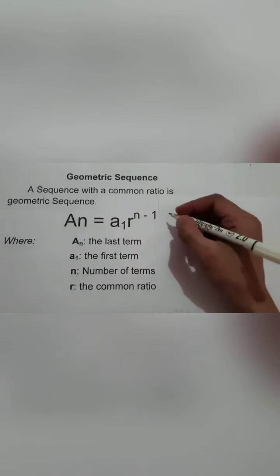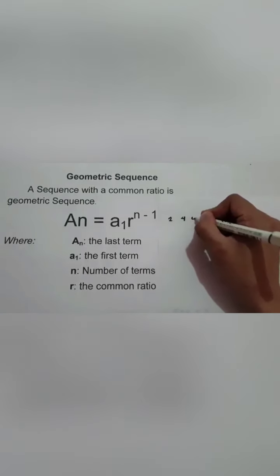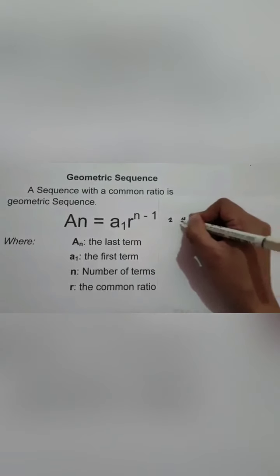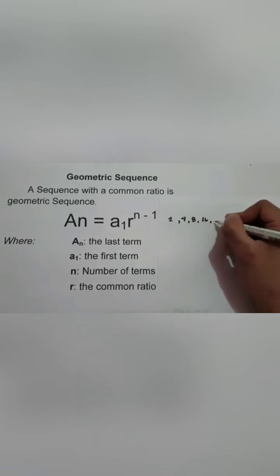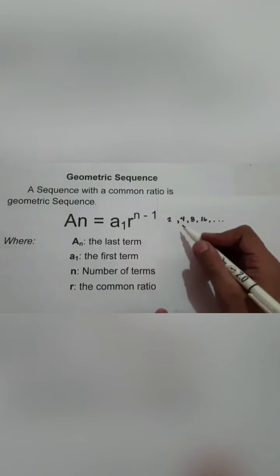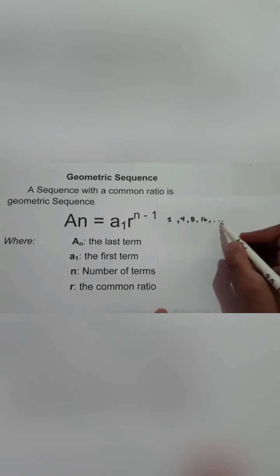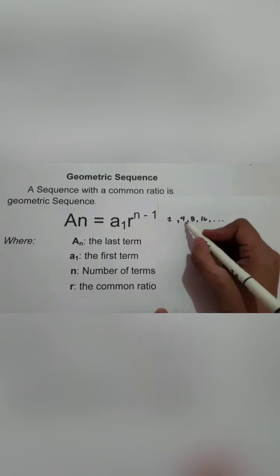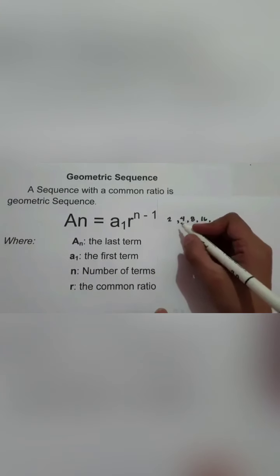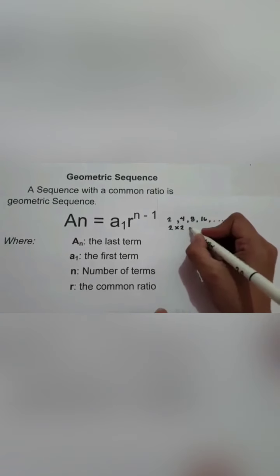For example, we have 2, 4, 8, 16. 2, 4, 8, 16 is an example of a geometric sequence. So the first term is 2, the second term is 4, the third term is 8, the fourth term is 16. Since the second term is 4, it's obtained by multiplying 2 to the first term, that is 2 times 2 is 4.